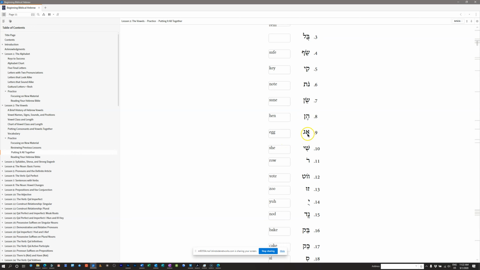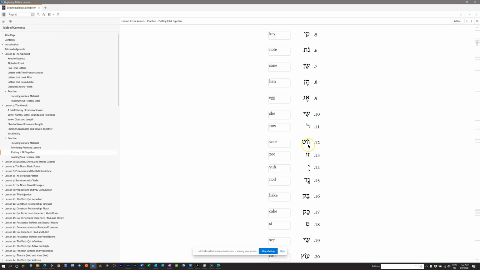This is that short E sound, as in bet. Number 10, here we have the dot on the right, so this is a shin. This would be she. Number 11, ro, or you can just say ro.